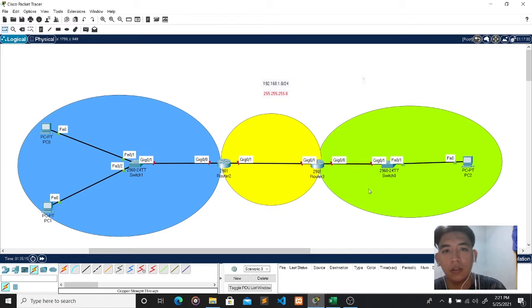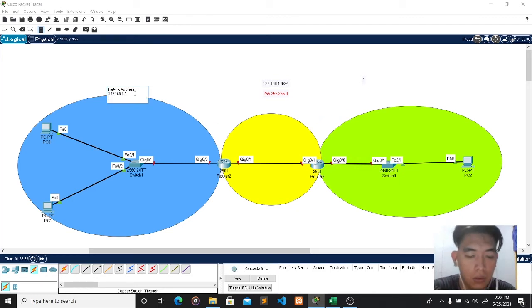So i-open natin yung ating Cisco. So assuming na dito ang network is 192.168.1.0, tapos yung subnet mask is 255.255.255.192.